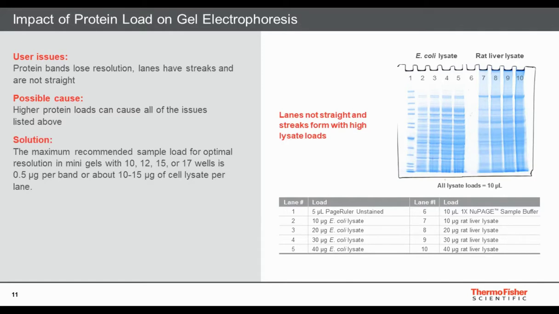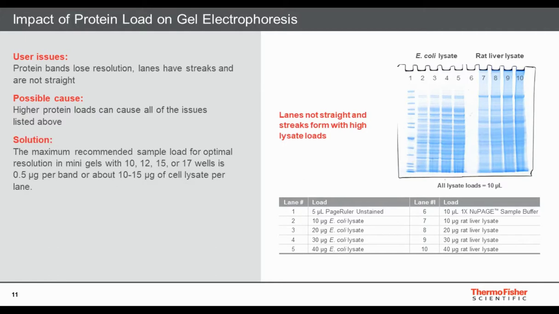However, as a general rule, it is recommended to not go over 0.5 microgram per band, or about 10 to 15 microgram of cell lysate per lane. So if you're using a purified protein, for example, you should not be loading more than 0.5 microgram per well, because all of that is going to be concentrated in one band, which is going to be a very prominent band.